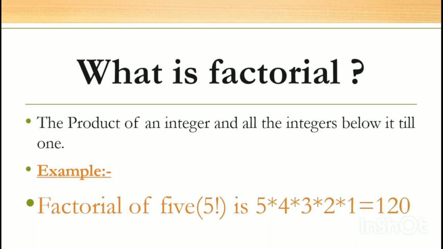If we take the integer 5, the integers below it till 1 are 4, 3, 2, 1. The product is 5 into 4 into 3 into 2 into 1, which is equal to 120. This is what factorial is.